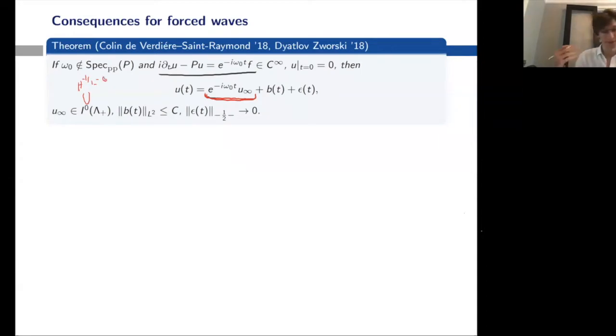And so that's the main term. In what sense is it main? Well, it's main in the sense that you have a piece which is just bounded in L2, so this is more regular, plus something whose singularities in h minus a half minus go to 0. So same regularity, but small.